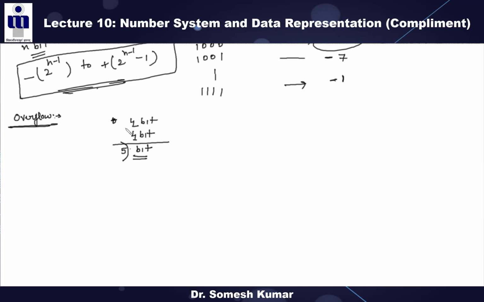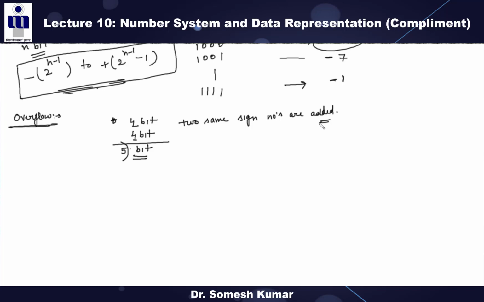And the overflow condition exists only in which case? When two same sign numbers are added. Only in that case can this problem exist. In every case it will not exist, but in some cases if two same sign numbers are added, then this overflow condition can occur.